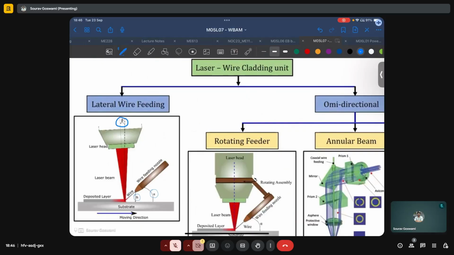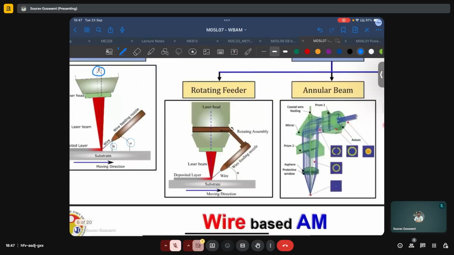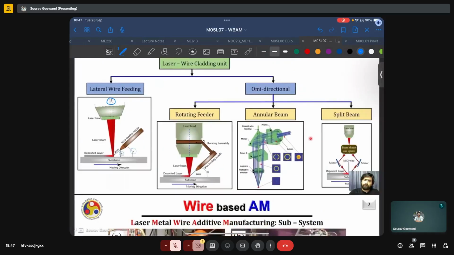If the incidence is normal to the surface, the reflection will also be normal, and there is a chance of ingress of these reflected laser beams back into the laser optics, which can damage these optics. And as we know, these are very sophisticated, sensitive, and costly systems. So to prevent such damage, it is tilted at a small angle, which does not affect the properties of the printed part, but definitely saves the laser optics.